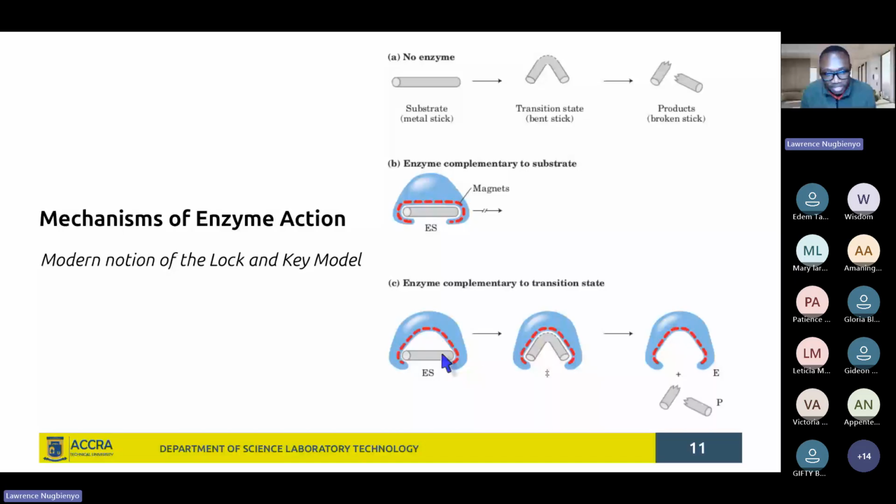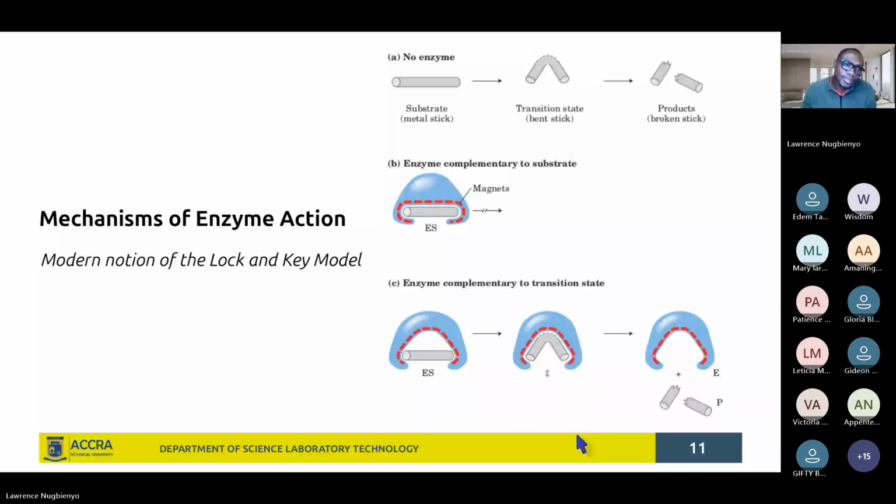It's not perfectly fit to the enzyme, but after it binds to the enzyme, the enzyme substrate complex which is formed now has a state already, because in that state you have the substrate being bent. The enzyme can now break it so that you now have the product that is getting separated from the enzyme.